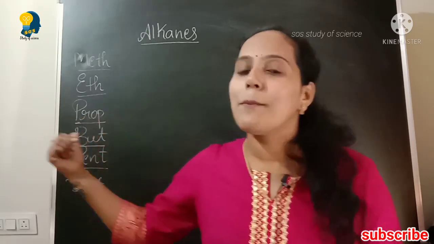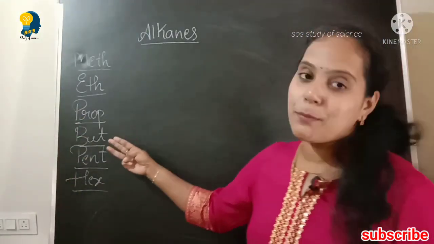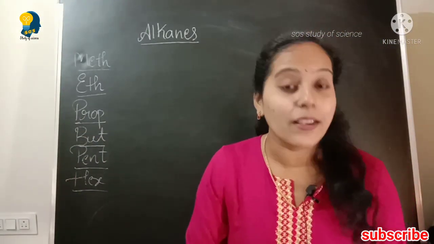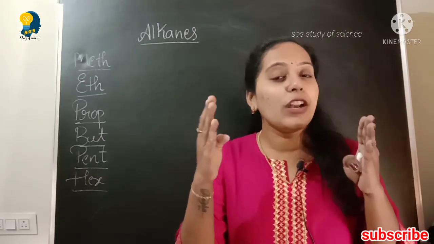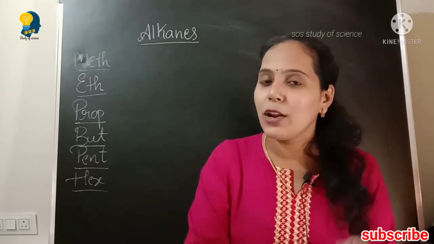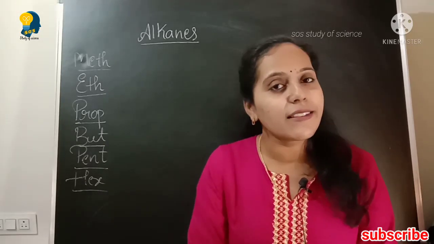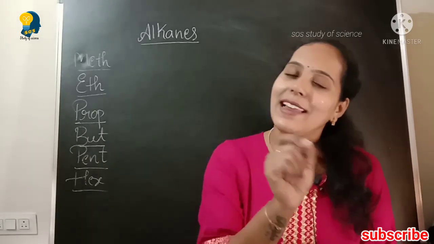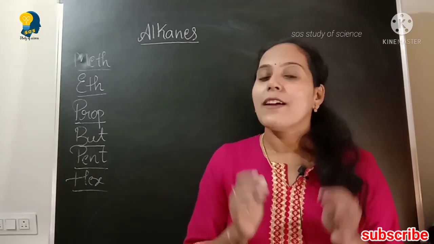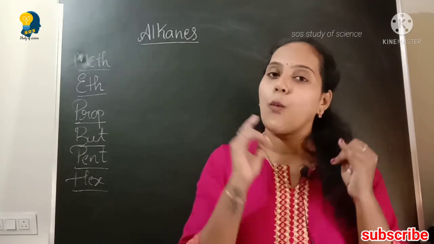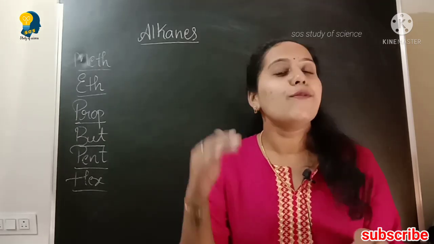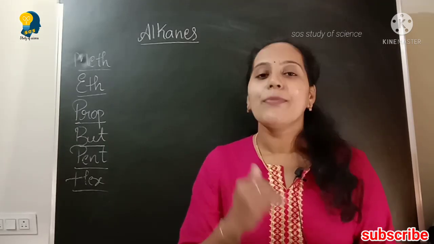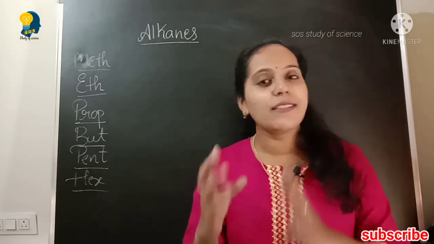Whenever it is prop, there should be 3, and whenever it is but, there should be 4 carbon atoms. Once again, I'm stressing: it should be 4 both in the molecular formula as well as in the structural formula, including the electron dot structural formula. Meth is 1 carbon, eth 2 carbon, prop 3 carbon, but 4, followed by pent, the 5th, and hex should have 6 carbon atoms.